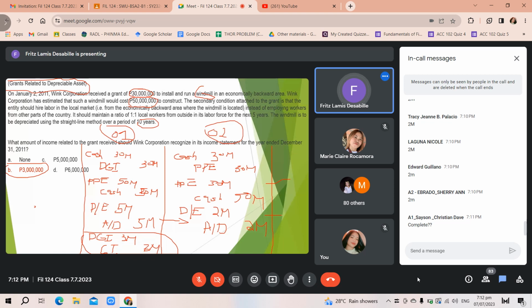By how much? 5 million if wala na ni siya gi-grant, and 2 million sa gi-grant na nato. So naka-save ta og expense by same amount, 3 million. So no matter what method you are going to be using, your income related to the grant would be the same. However, there is just a difference in accounting. Okay?